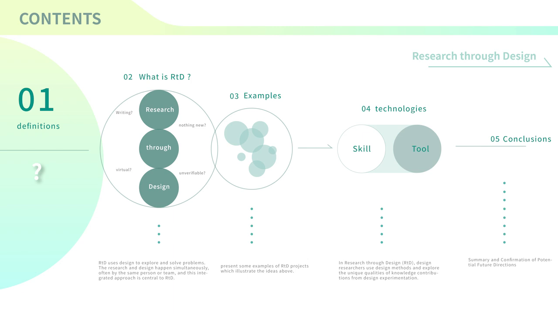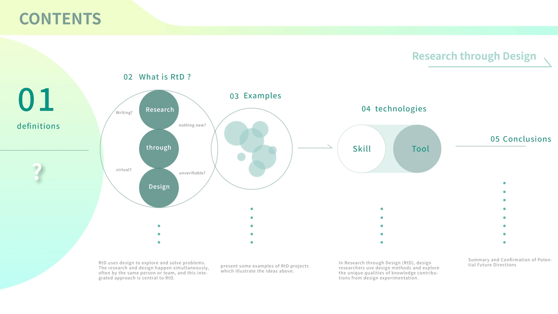This is the content. First, we can introduce definitions. Next is what is RTD. We take three parts to talk about this: research, through, and design. RTD uses design to explore and solve problems. The research and design often happen by the same person or team, and this integrated approach is central to RTD.